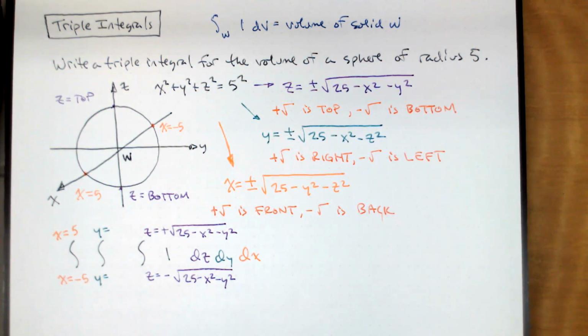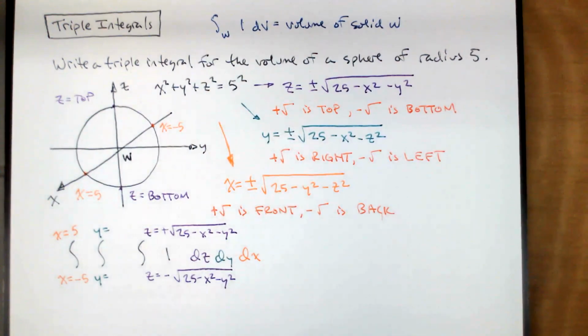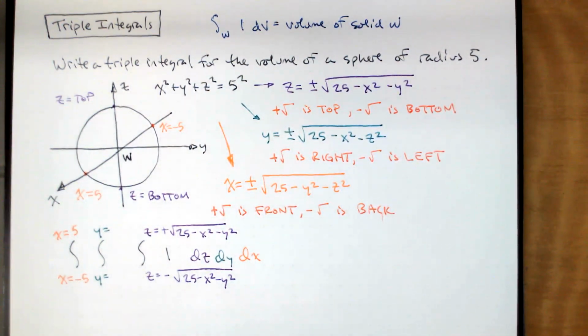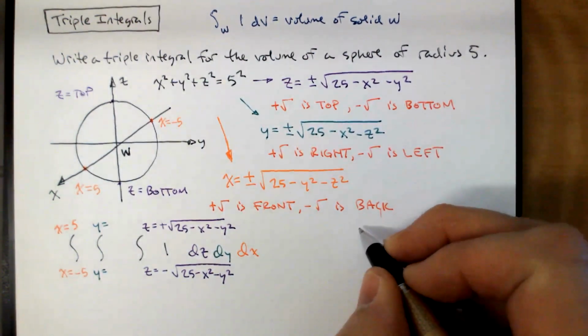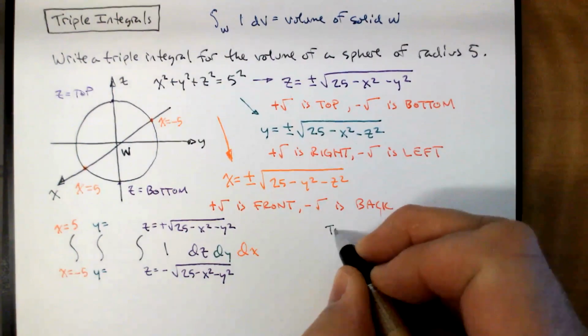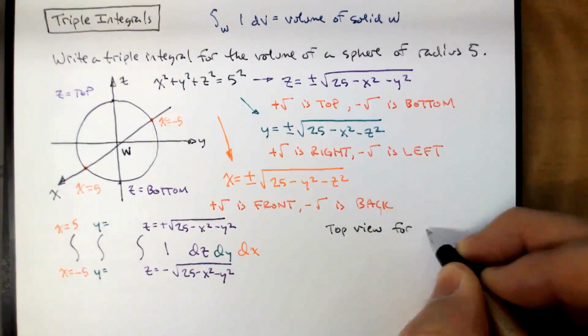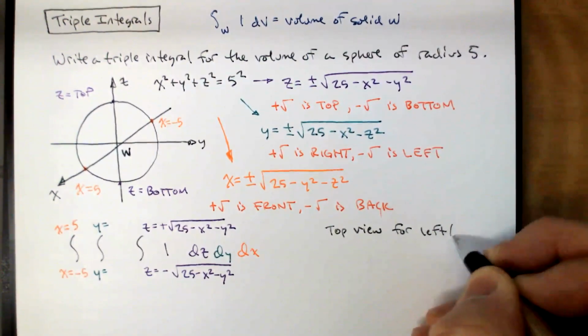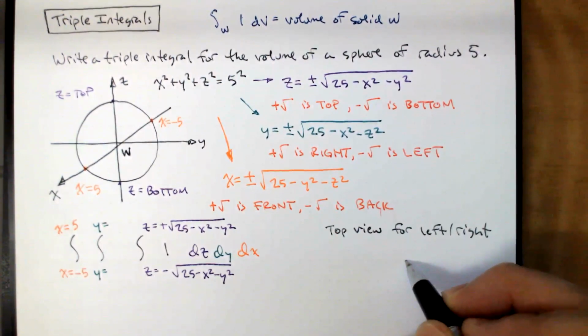If we look at the top view of what's going on, from the top, our contour diagram looks like a bunch of circles. So I'm going to look at this from the top.